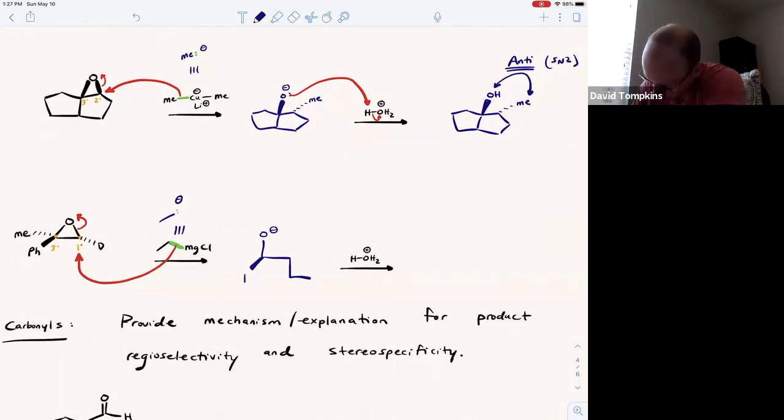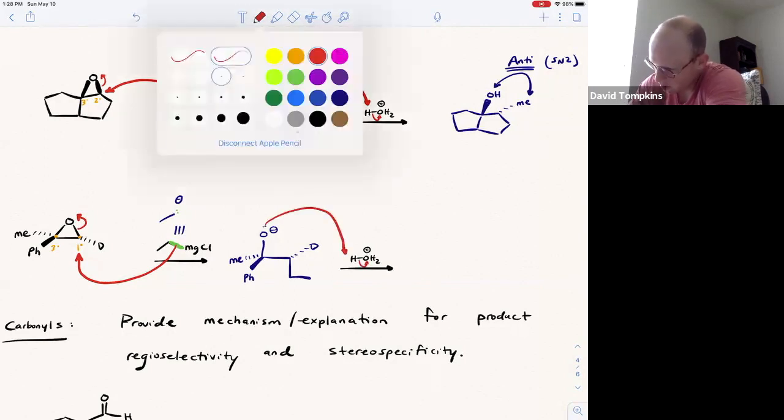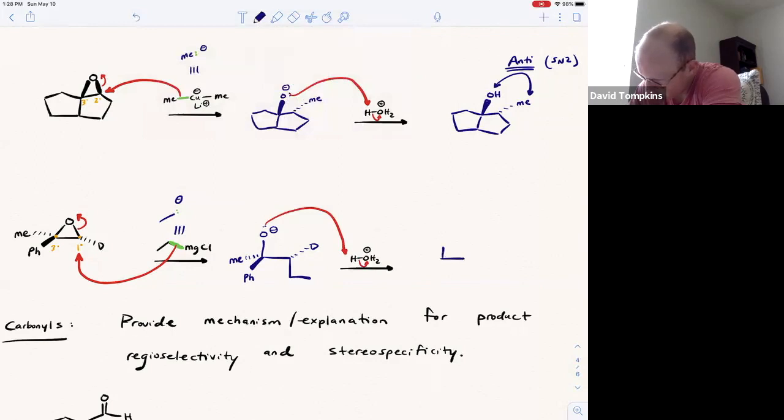The stereocenter on the left does not undergo any change. There's no reaction occurring there. But the stereocenter on the right involves the deuterium being sort of pushed up as the ethyl group comes underneath the epoxide. Once again, acid workup gives a neutral alcohol.